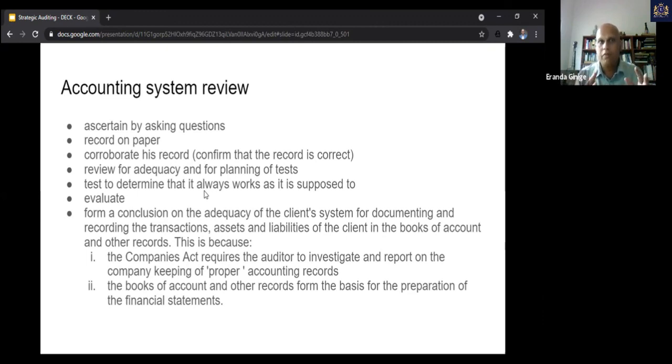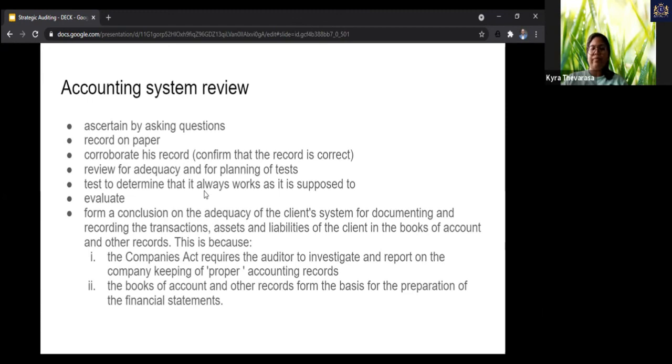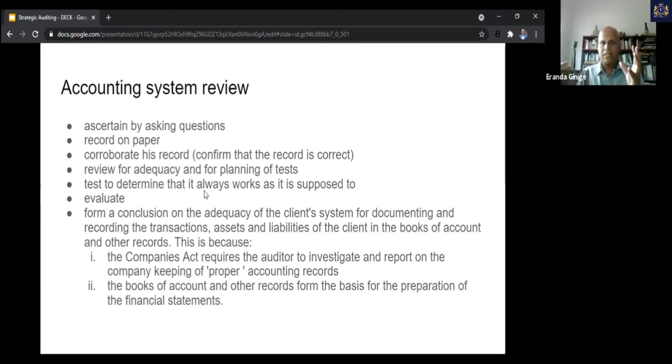Then all you need to do is check errors in the system, not go and chase every little transaction, right? Because if the accounting system is recording all the transactions, great. Then you don't have to check if all the transactions are recorded or not.